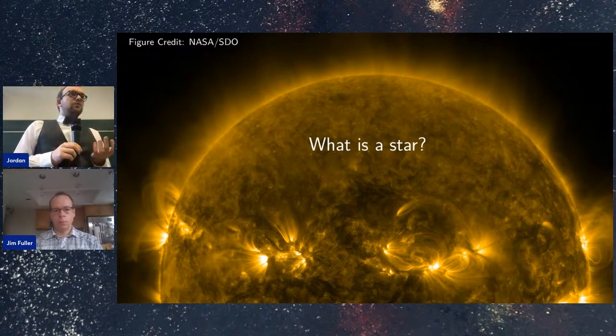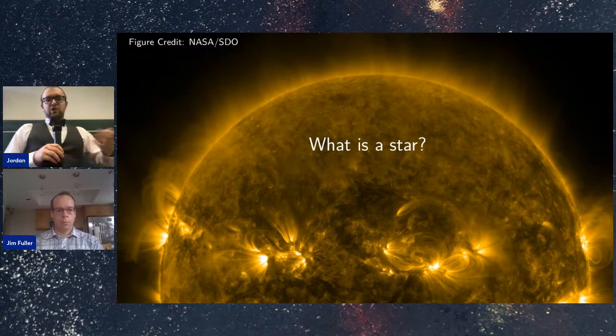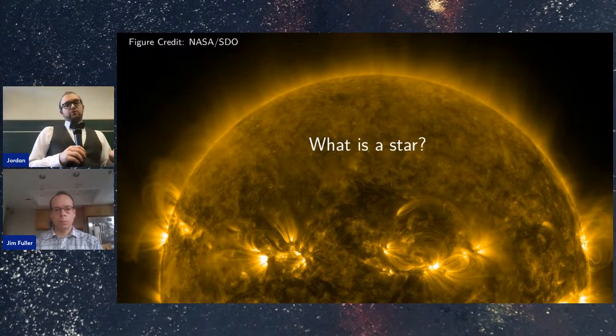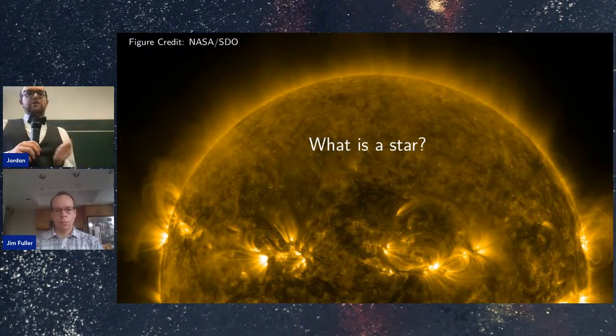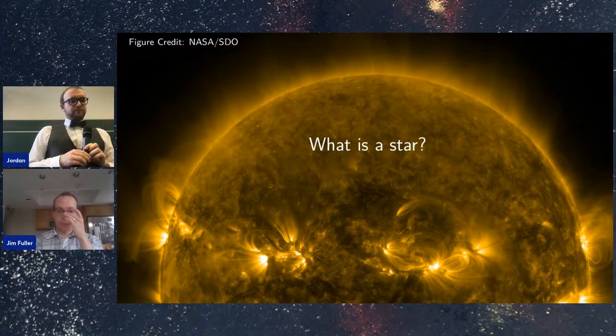A good example is this star that you can see here on the screen. This is our sun. An example of an ongoing problem in the field of solar physics is the explanation of why the layer just outside the surface of the sun is hotter than the surface of the sun itself.